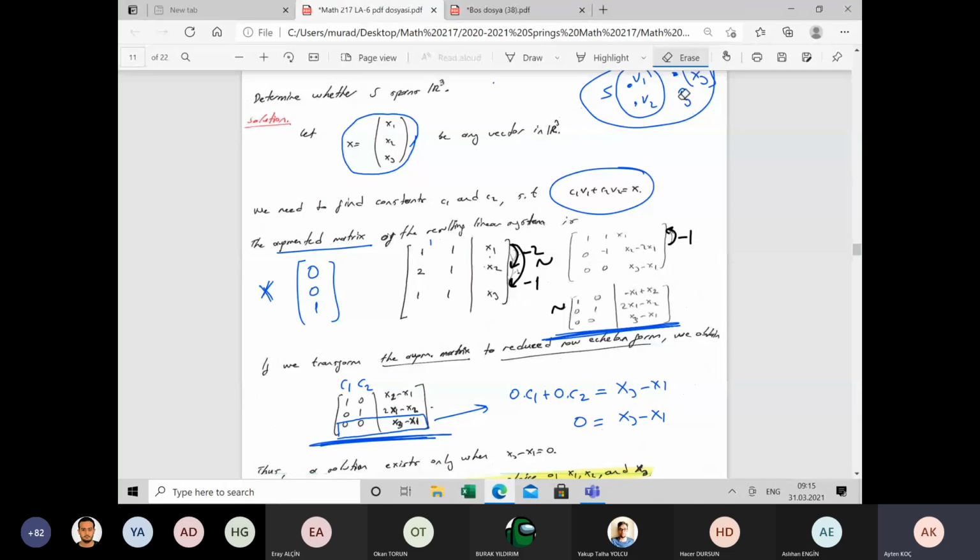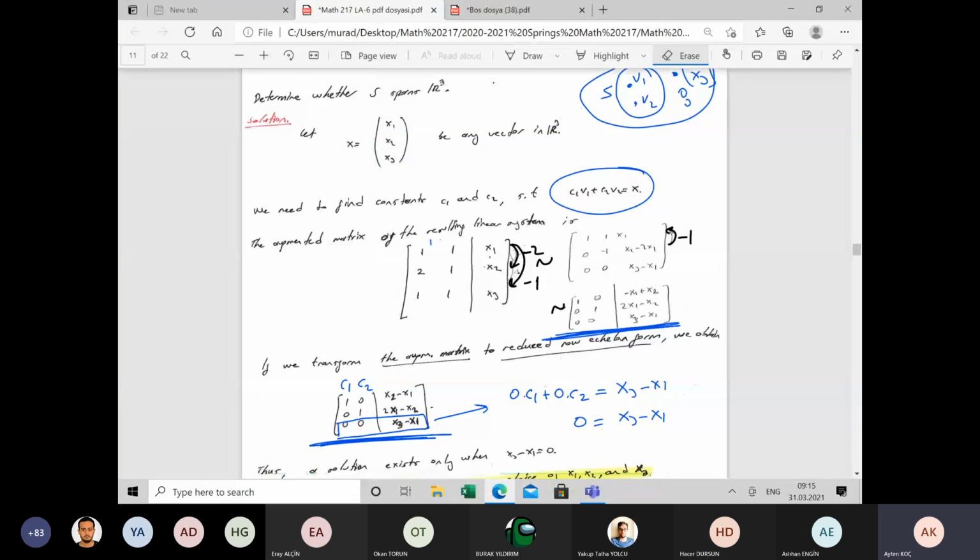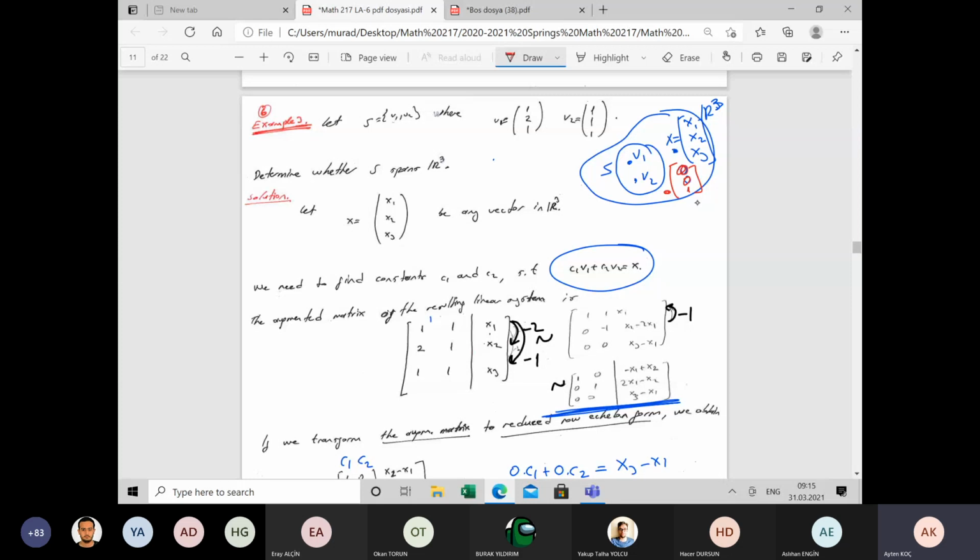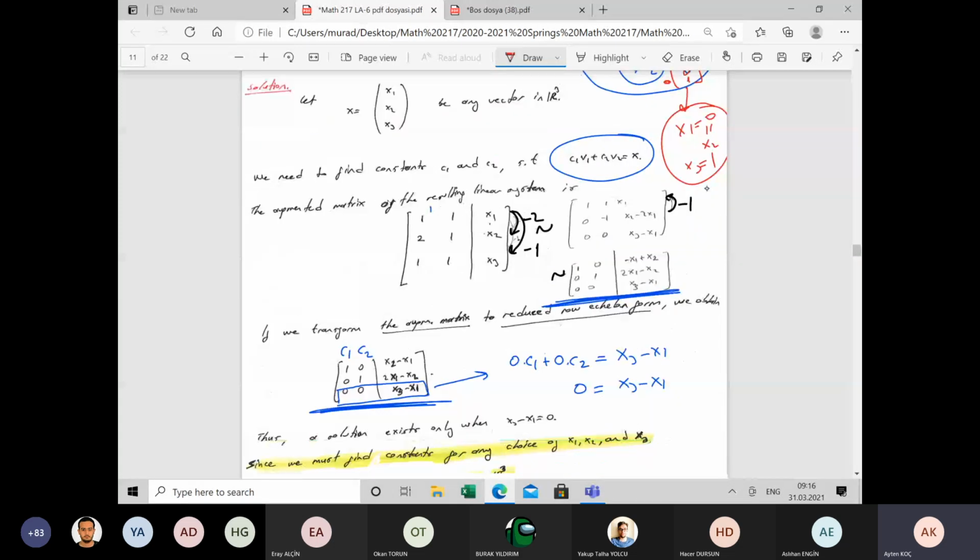Use a different color, maybe it will be appropriate to see that. Red one. Take this vector 0, 0, 1 in R cube. It is possible to get the linear combination of v1, v2? Look at this one. x1 is 0, x2 is 0, x3 is 1. Take this right here, 1 minus 0 is 1, not 0.